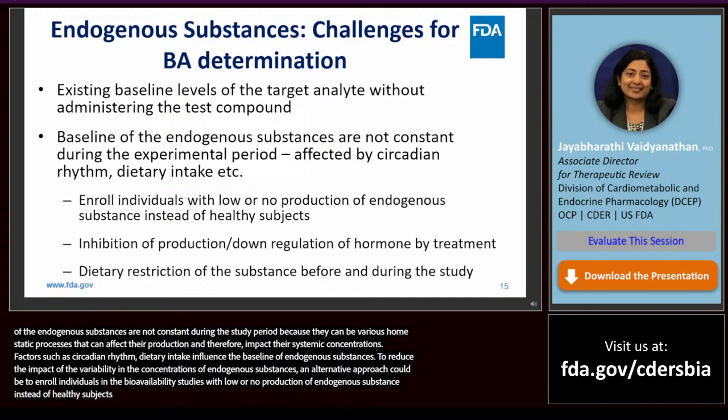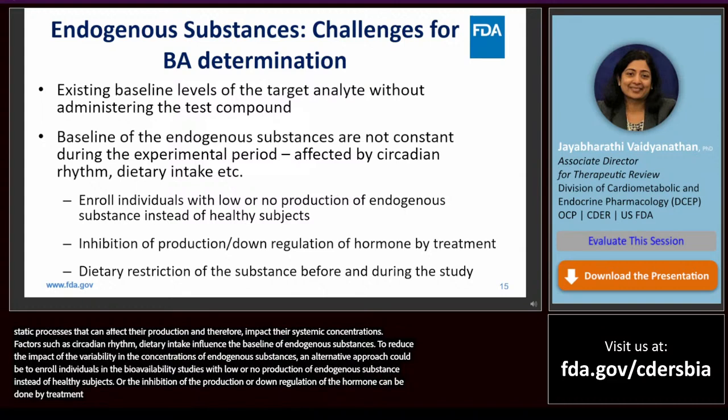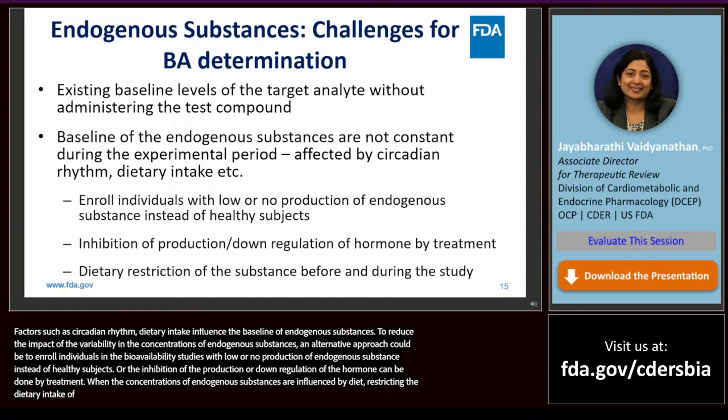Or the inhibition of the production or downregulation of the hormone can be done by treatment. When the concentrations of endogenous substances are influenced by diet, restricting the dietary intake of the substance before and during the study could also be appropriate.